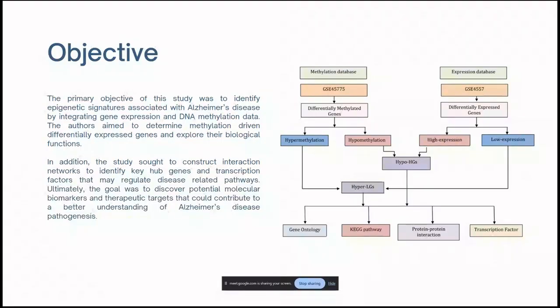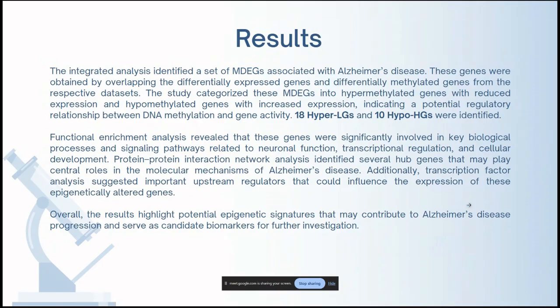So now we will discuss the key results of methylated differentially expressed genes and their functions. In the methylated differentially expressed genes, the analysis identified 28 methylated differentially expressed genes associated with Alzheimer's disease. And 18 of them were hyper-LGs and 10 of them were hypo-HGs.